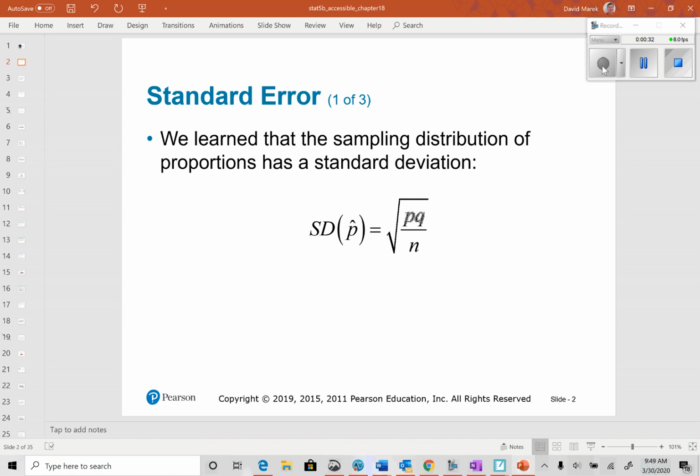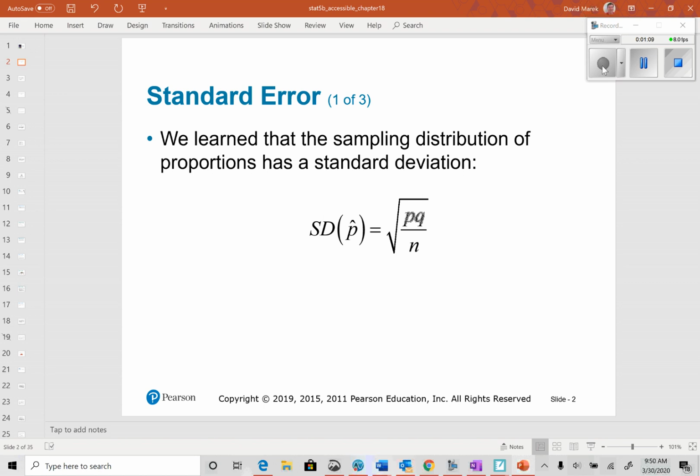This formula should look familiar to you for the standard deviation. If we're talking about a variable that is categorical, so it's proportions, it could be binary. Either you're in this category or you're in that category. If we have a sample proportion, the p hat, provided we know what the population proportion is, p, we can find the standard deviation that we could use for our sample by taking the square root of p times q.